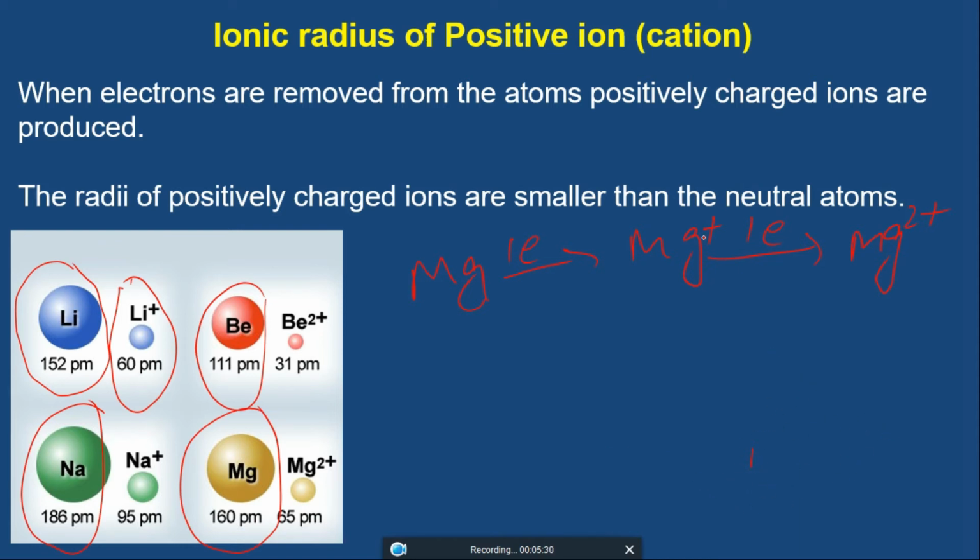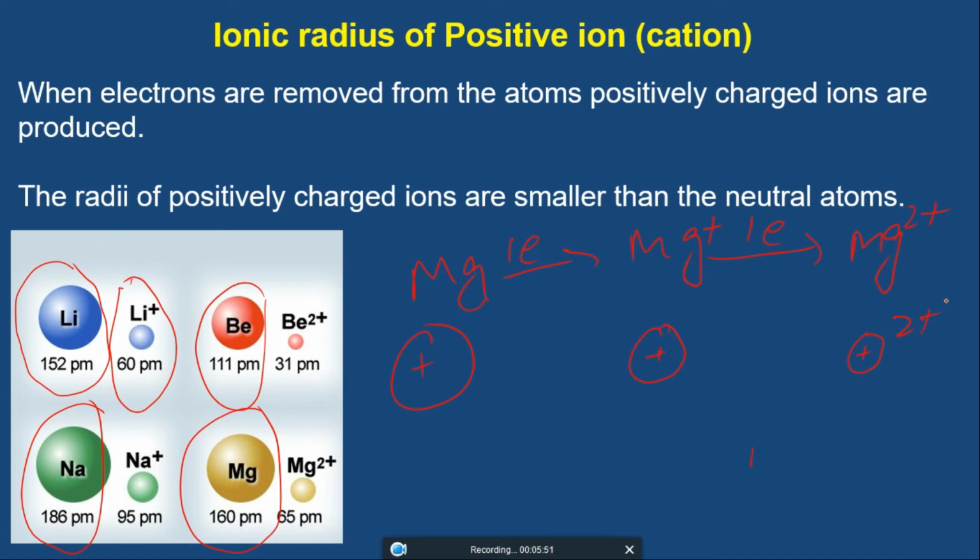For example, this is the neutral magnesium atom, this is the magnesium ion when one electron is removed, and this will be the divalent magnesium ion, because two electrons have been removed.